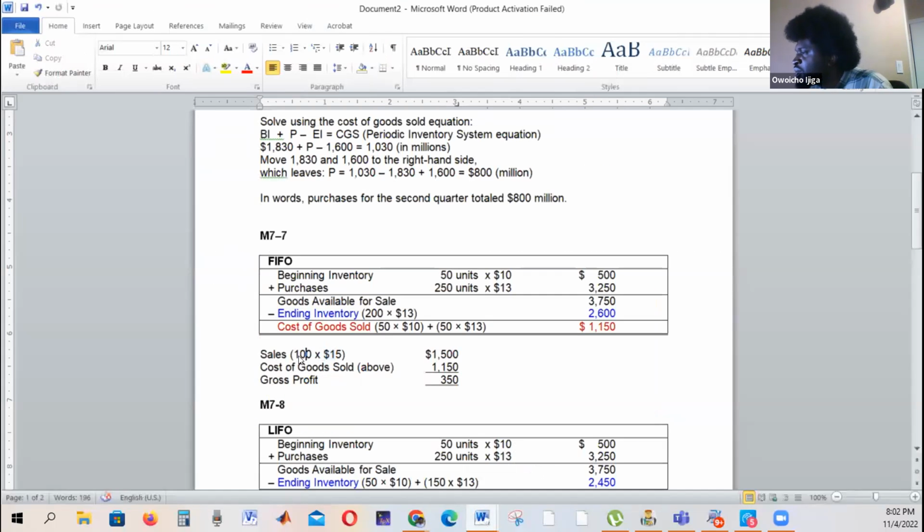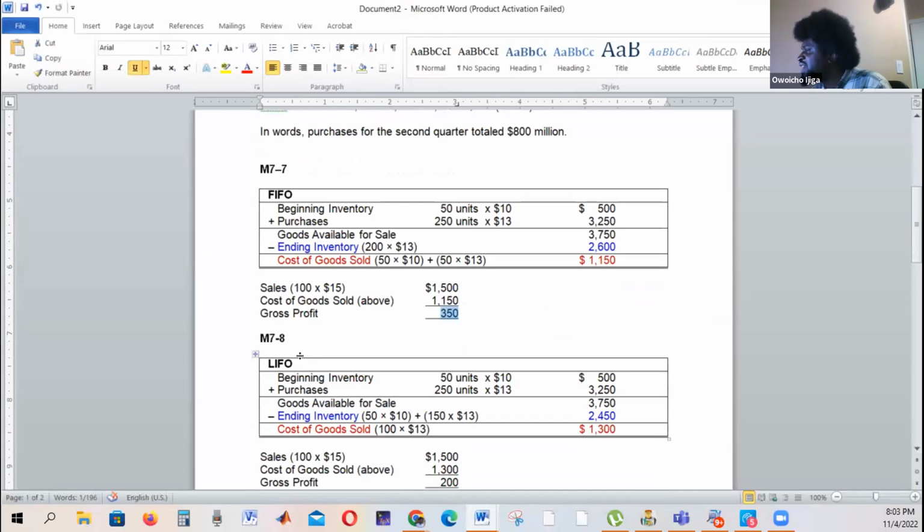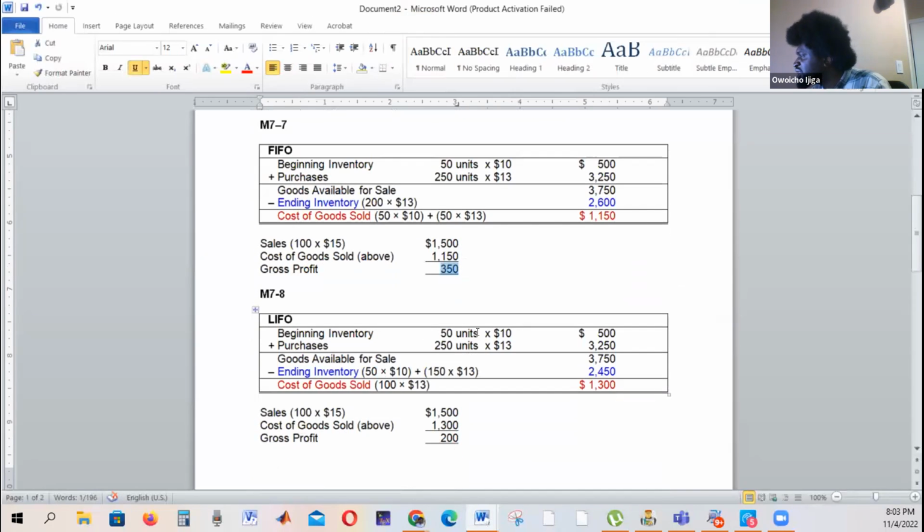So the sales becomes 100 times 15, which is 1,500. And then the cost of goods sold is just as above, and the gross profit is the difference between the sales and the cost of goods sold, to give you 350.